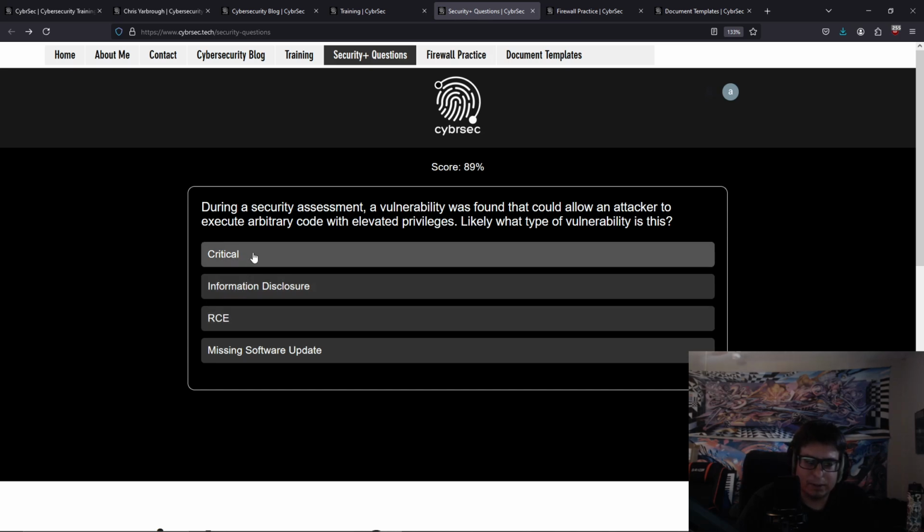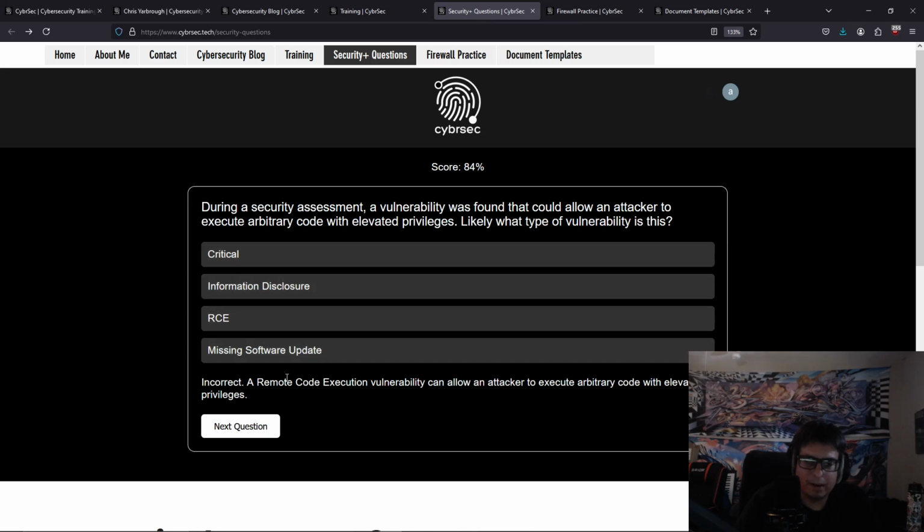I want to say it's critical. Incorrect. The remote code execution. Okay. So that is the correct answer. A remote code execution vulnerability can allow an attacker to execute arbitrary code with elevated privileges. Know your acronyms, people. The IT world is full of acronyms.